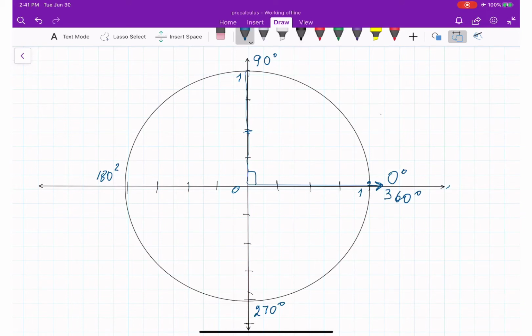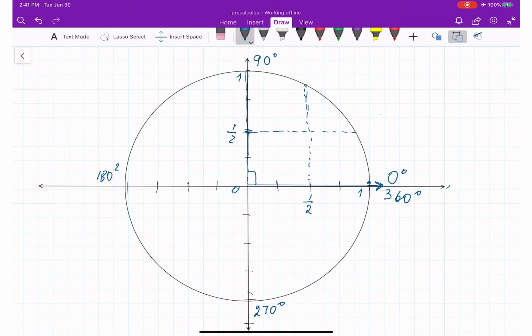Okay, so if the radius is 1, half of it will be somewhere here, providing this line. And half of this one will be somewhere here, providing this line.